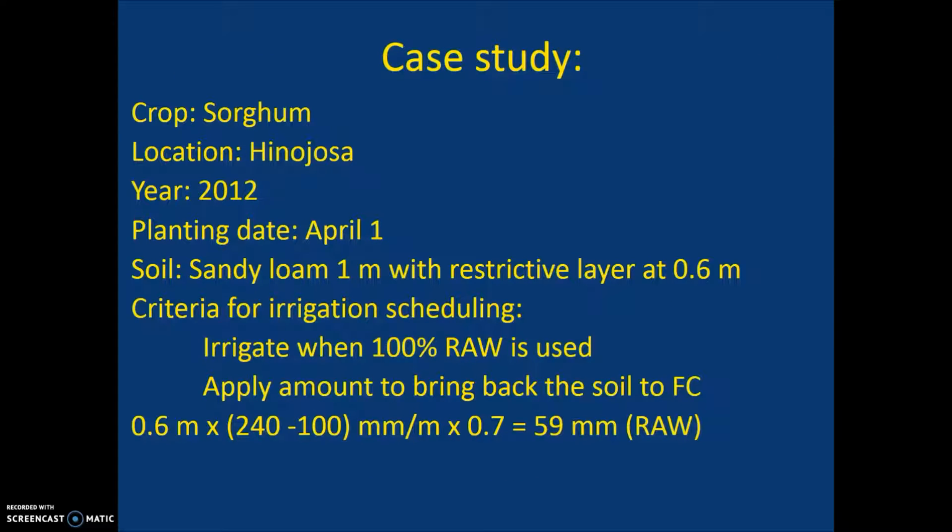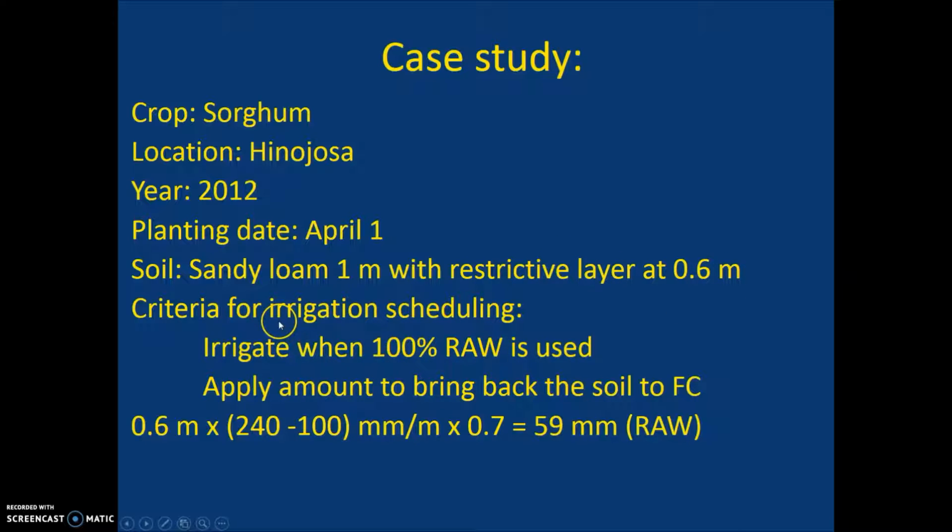To illustrate these ideas, we will go back to the same case study that we had on a previous tutorial, where we grow a sorghum crop in Hinojosa, Spain, in the year 2012, being planted on April the 1st on a sandy loam of 1 meter with a restrictive layer at 0.6 meter depth.